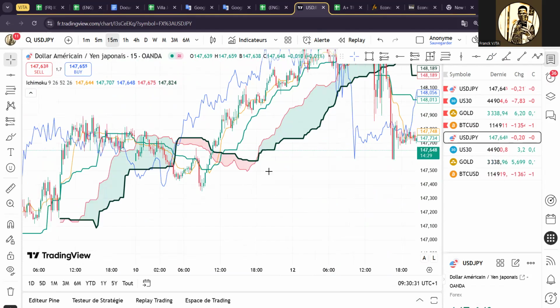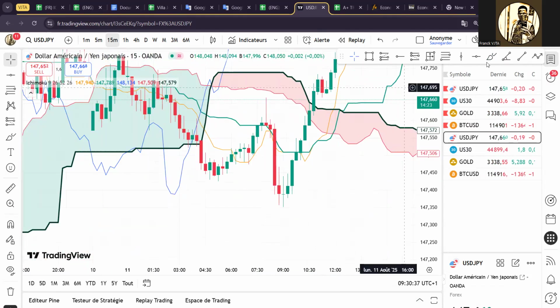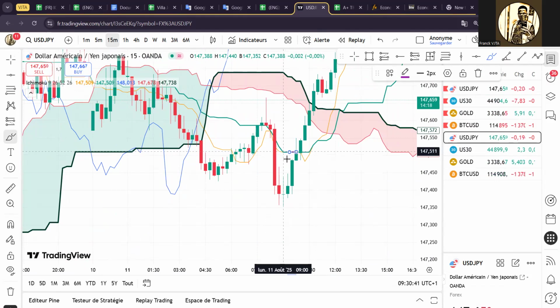And one thing with the fusion is that, with a fusion like this one, the price is going to the upside. You see, this horizontal fusion here proves what? The previous TK cross was going to the downside. But this fusion, first of all, makes the price go to the upside. That's first of all the role of the fusion.